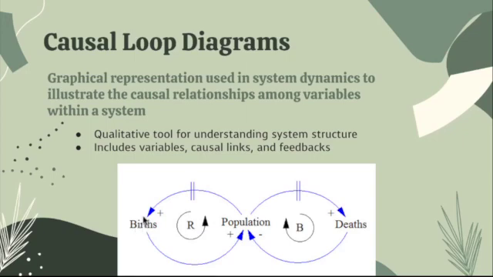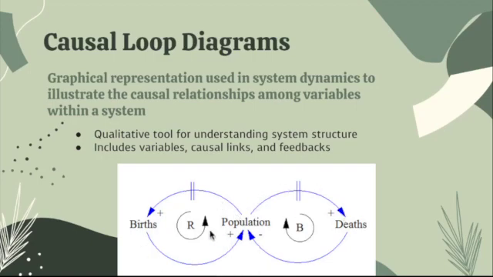As population increases, it's going to increase births. And as birth rate increases, it's going to increase population. However, as population increases, it's going to increase the number of deaths because there are more individuals to die. But as death rate increases, we're going to see a negative effect on population. The more deaths we have, the more population is going to decline.